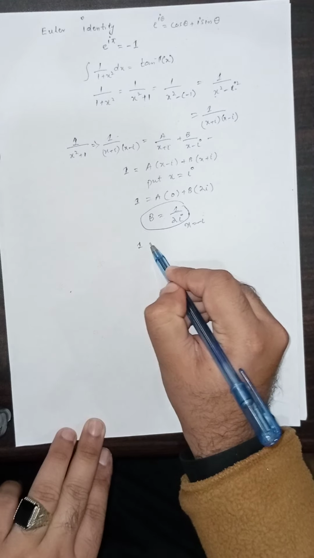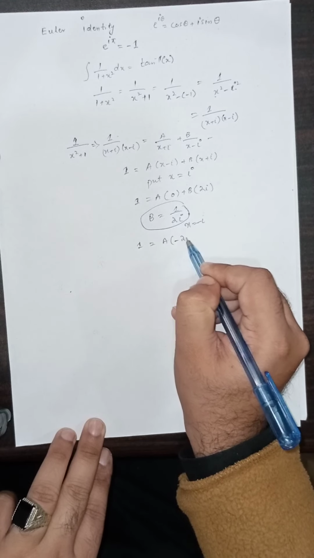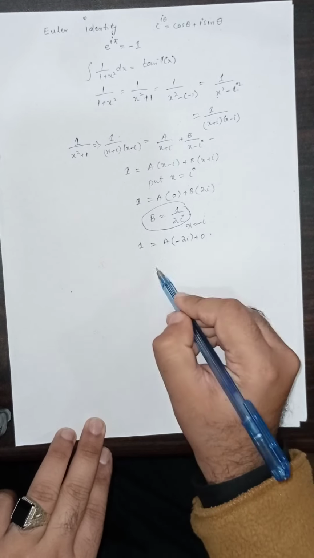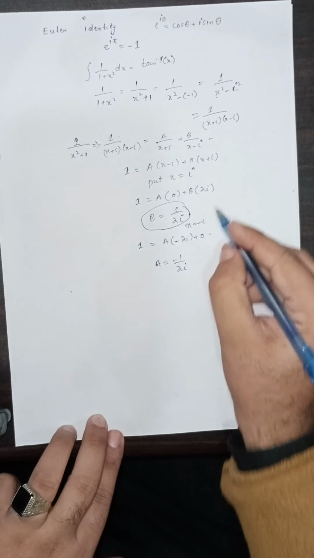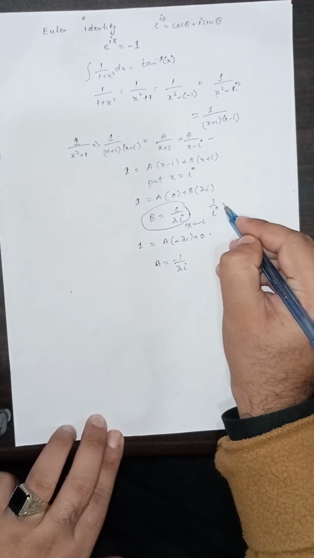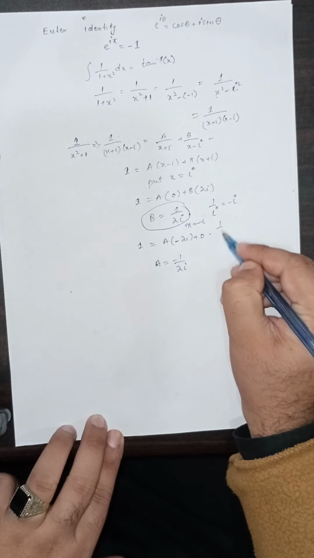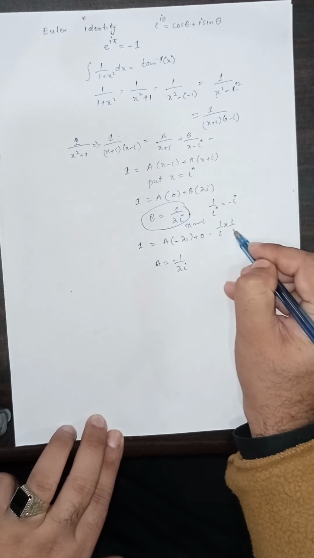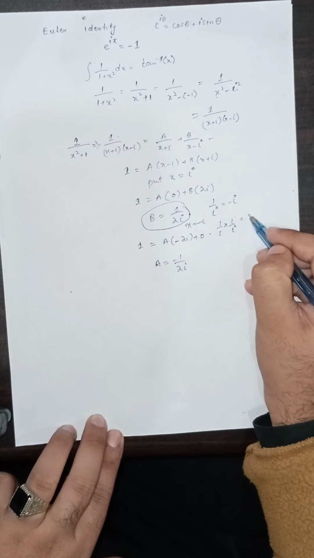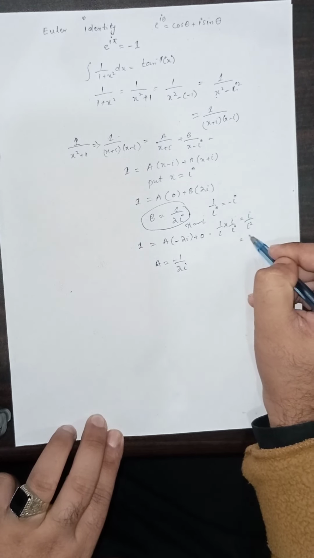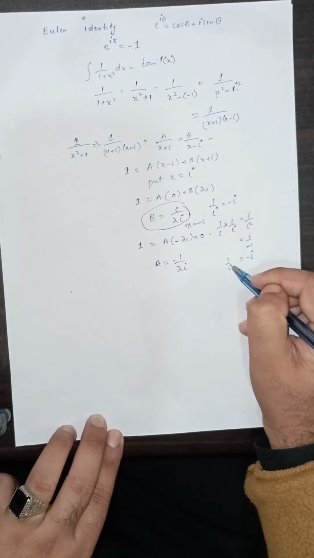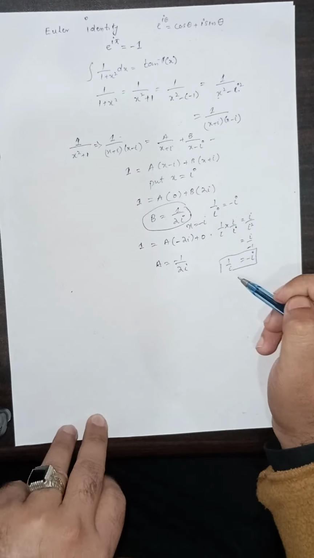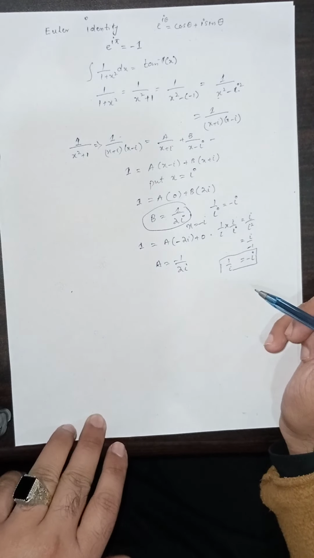So it will be equal to 1 = A into (−2i) + 0, which gives A = −1 over 2i. Now we know that 1 over i is equal to −i, because 1 over i multiplied and divided by i is i divided by i², which is i divided by −1, which is −i.